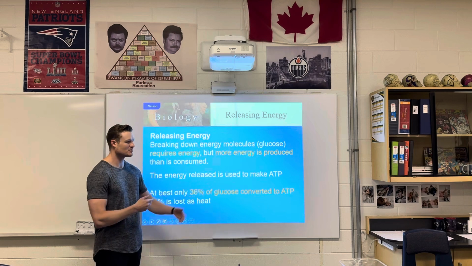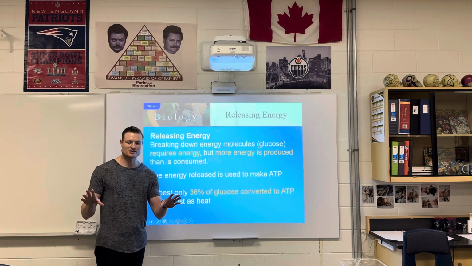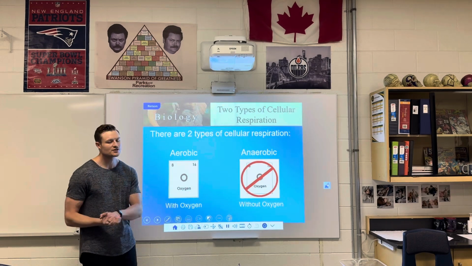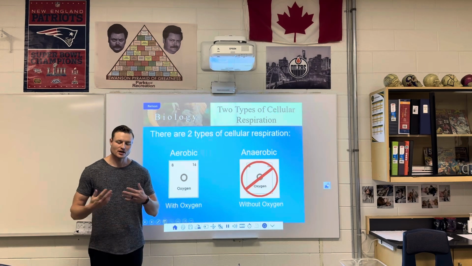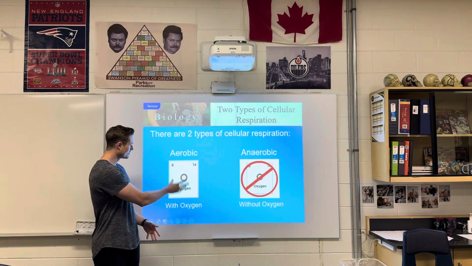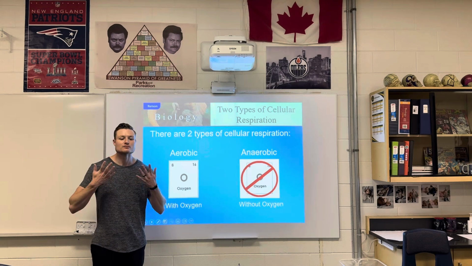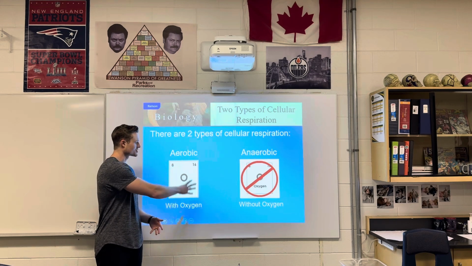Yes, we get ATP and we need it to function and survive, but the actual process is not super efficient. Now, there are two ways we can make energy, and it just comes down to whether oxygen is present or not. If oxygen is present, we go through what's called aerobic cellular respiration. I like to think of it like air: breathe in air, aerobic cellular respiration, oxygen is present.